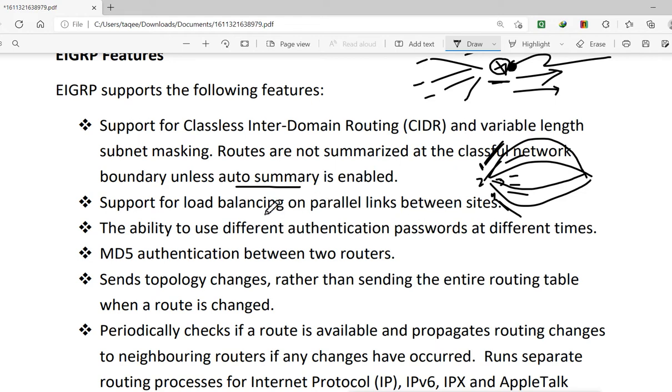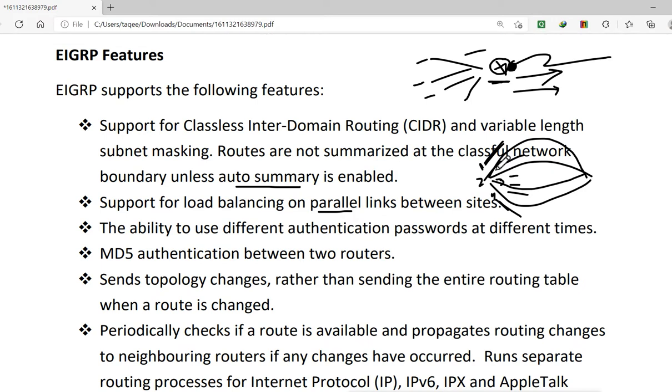They can do the load balancing on parallel links only when those links are equal, equal in terms of the metric. In the case of RIP, the metric is hop count, so if the hop count is equal, then it will do the load balancing. And in the case of OSPF, the metric is cost, so if the cost is equal for those paths, then only it will do the load balancing for those parallel links.